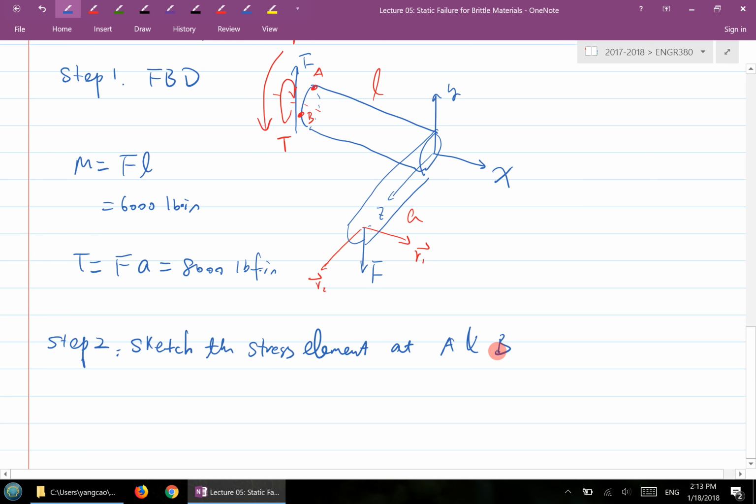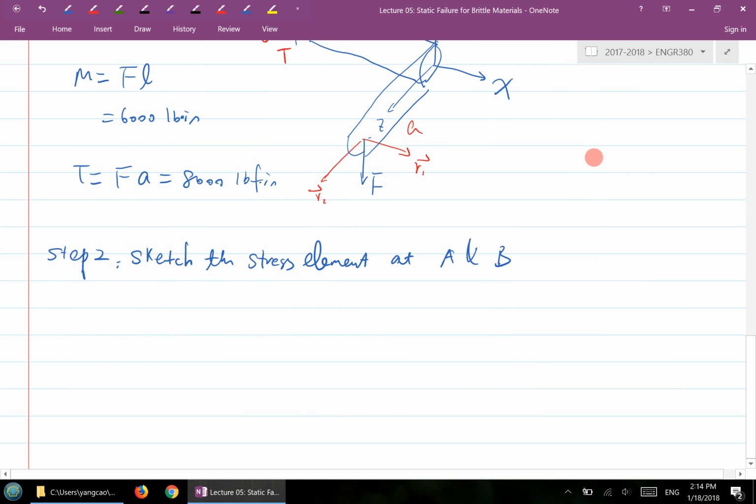So how do we pick a stress element? Visualize that you do a vertical cut across this rod, just in front of the wall.